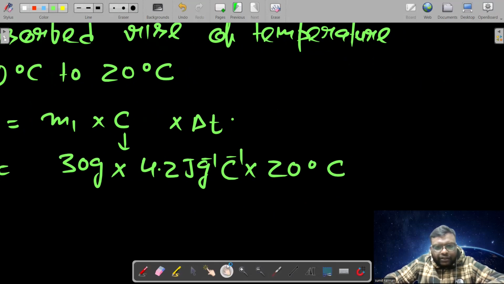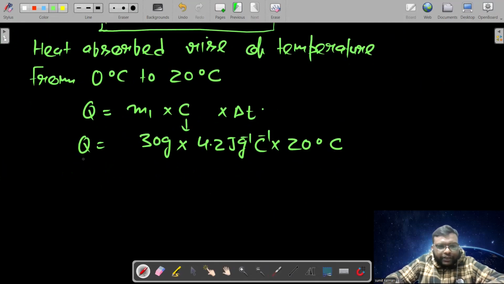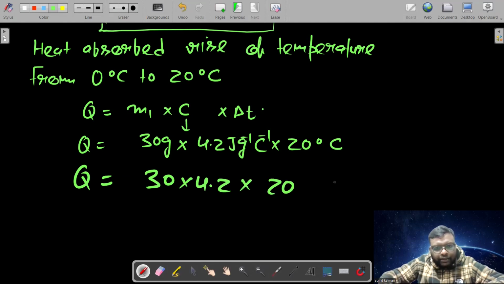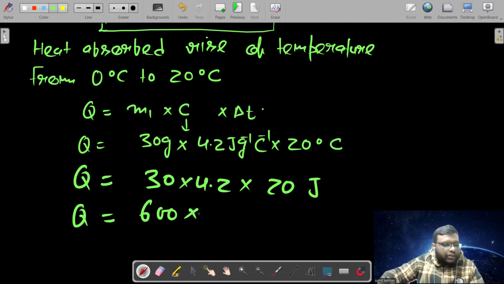This is 30 into 4.2 into 20 joule. The unit will be joule because heat is energy. If you calculate this, 30 into 20 is 600, into 4.2 joule.